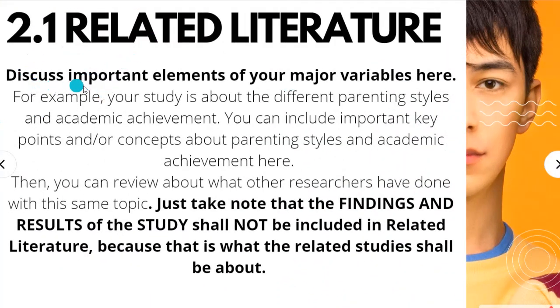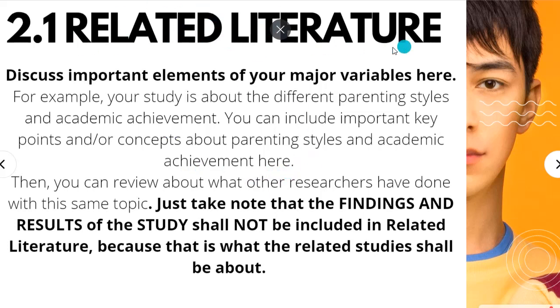Okay, discuss important elements of your major variables here in the review of related literature. For example, your study is about the different parenting styles and academic achievement. You can include important key points and concepts about parenting styles and academic achievement here.